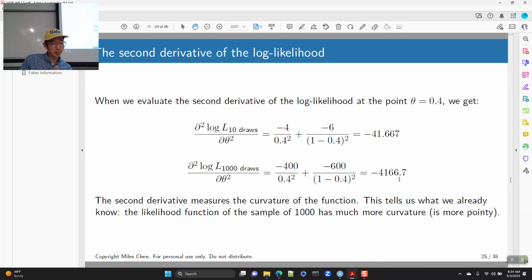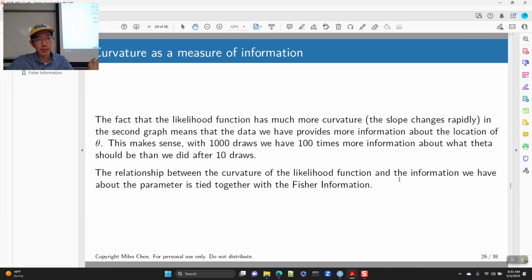so it's much more pointy, a much sharper second derivative, and it reflects the amount of information we have about our estimate. And that's one way to look at the Fisher information. The fact that the likelihood function has much more curvature in the second derivative means that the data we have provides more information about the location of theta.